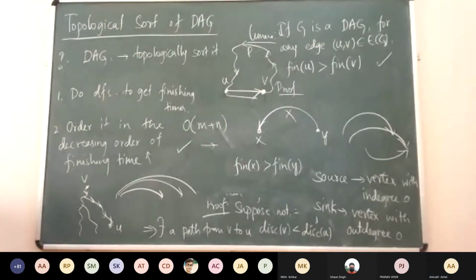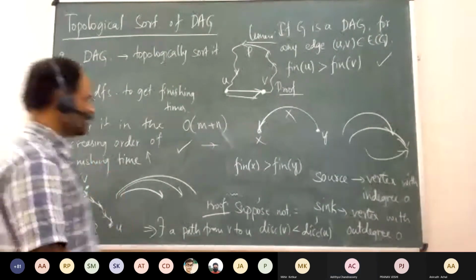Now, what can you say about the finishing time of a source compared to other vertices in the graph? It is greater than all the others. It'll be at least greater than everything other than other sources. Exactly, right? So that is important.